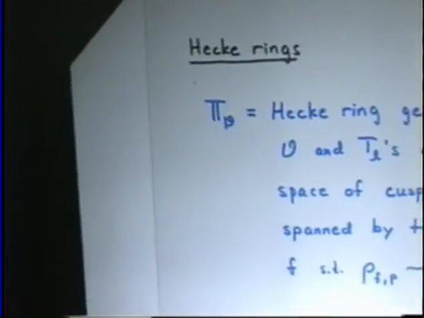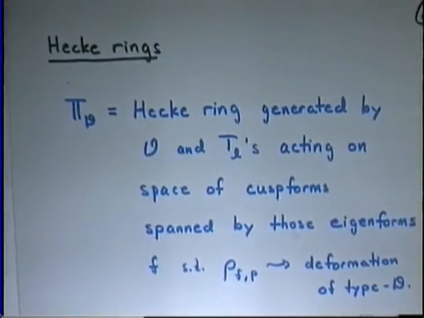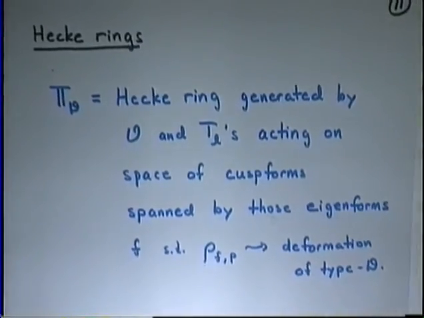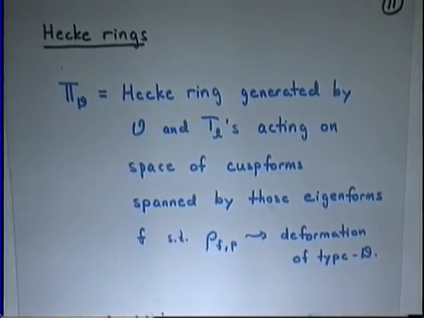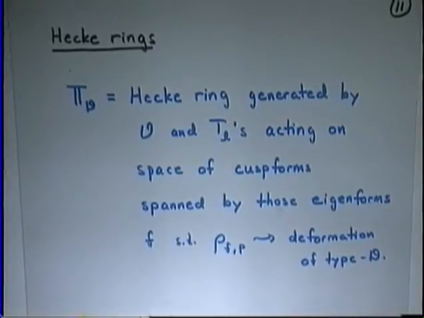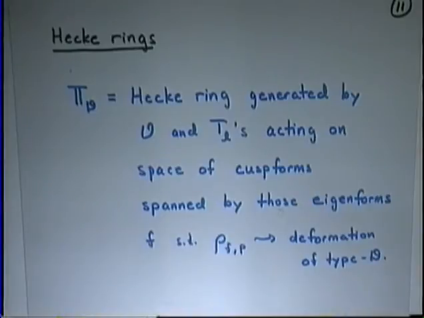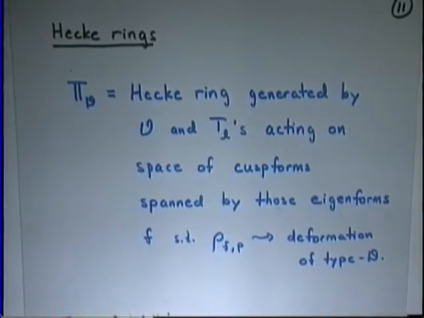And that something is a Hecke ring. So what one tries to do then is to construct a ring T sub D, where D is the deformation problem, which is a Hecke ring generated by O, which we now view as living inside the complexes, if you like, and Hecke operators acting where? Well, we're going to restrict to that space of cusp forms spanned by the eigenforms which give rise to deformations of the type that we're looking at.